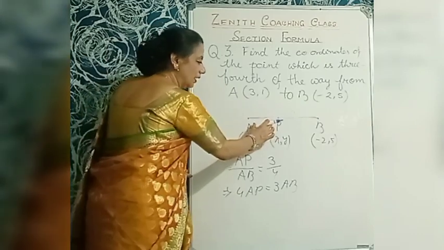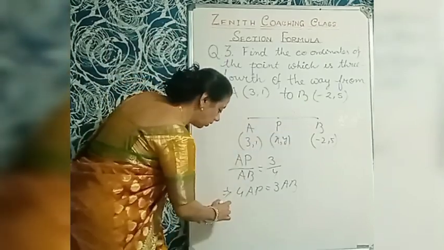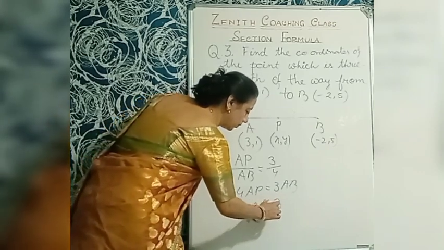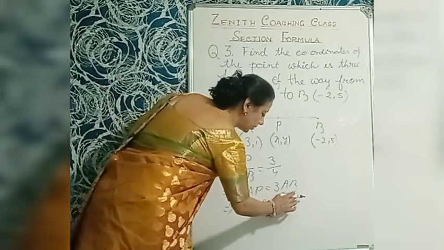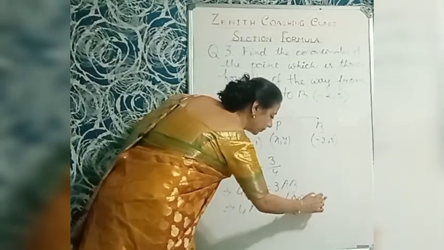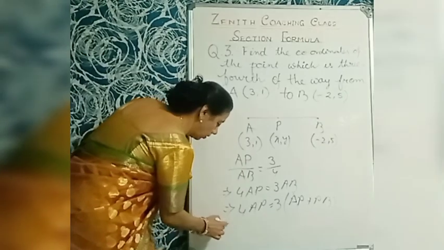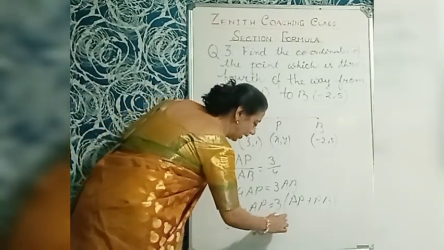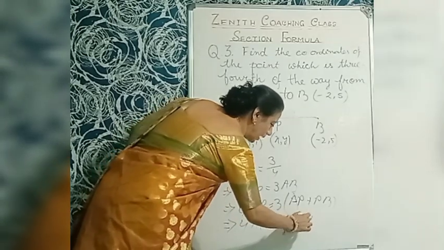And AB means AP plus PB. So 4AP equals 3 times AP plus PB.